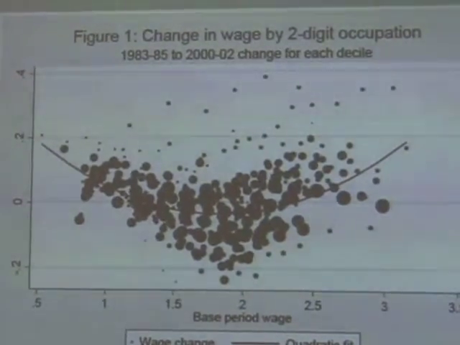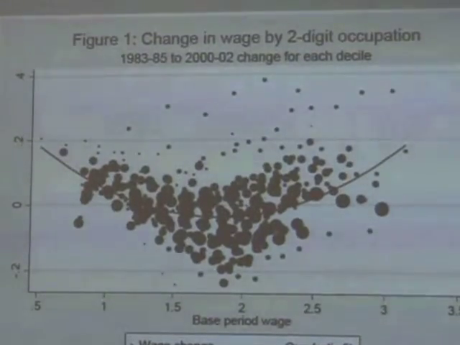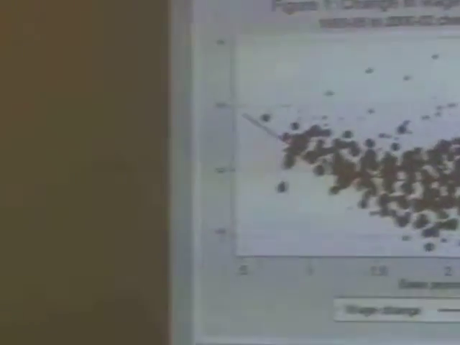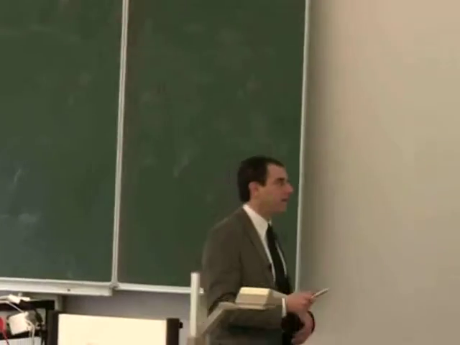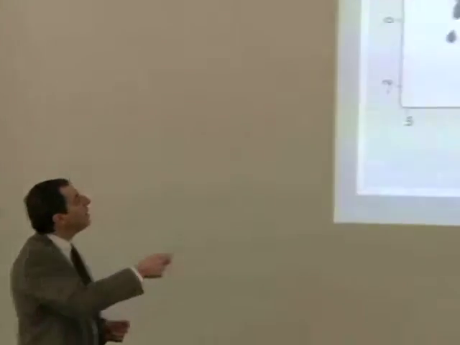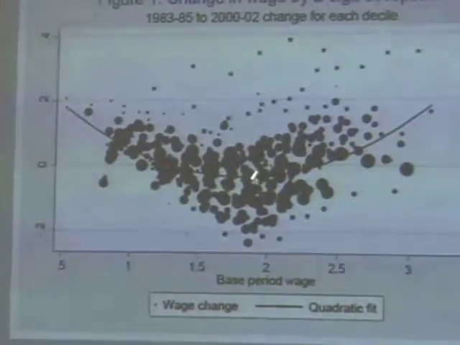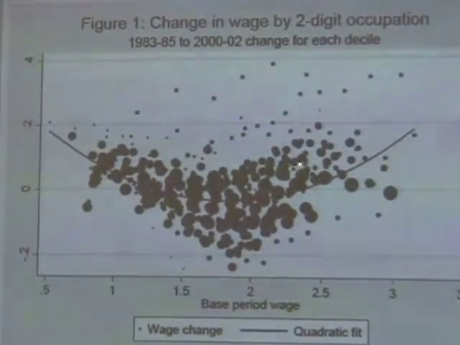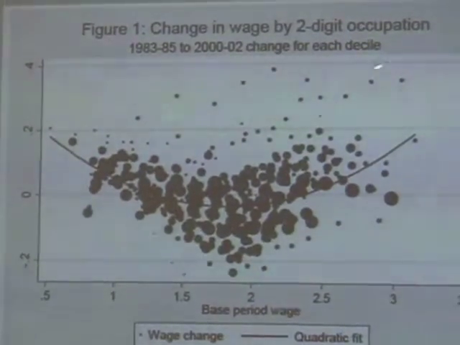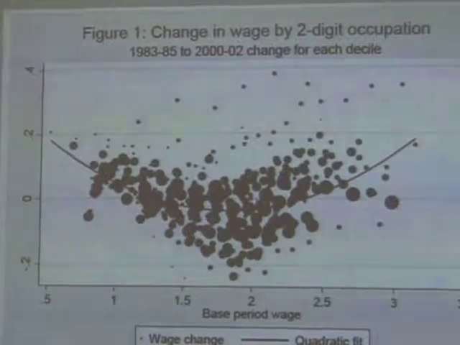Just to be clear, occupations might be a clerical worker, manufacturing worker, air traffic controller, plumber, etc. This is a scatter plot where the circles correspond to the size of the occupation in terms of employment. This is a quadratic fit of that relationship.